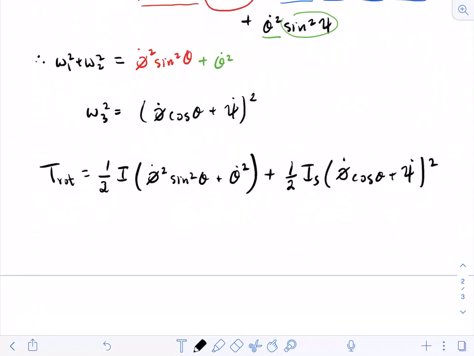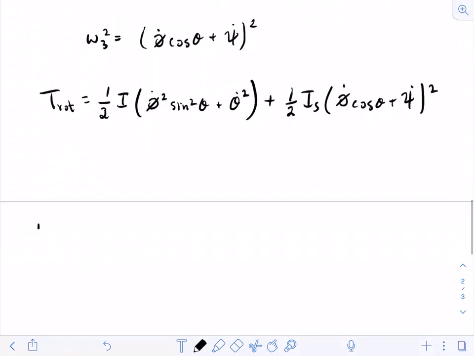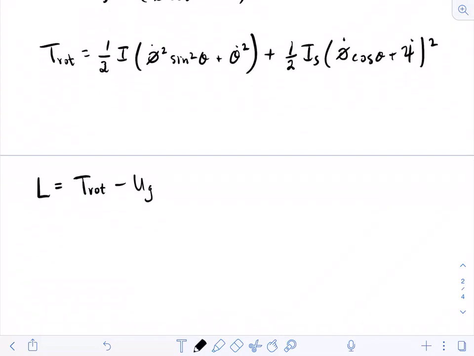The Lagrangian, maybe we'll write it over here, is the kinetic energy, which in this case is just rotational, minus the potential energy, which is the gravitational potential energy. And so when we combine everything, just writing out exactly the rotational kinetic energy again with no changes. And then if you recall, we had an mgh cos theta for the potential energy.